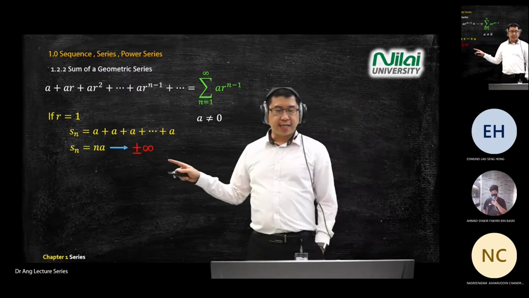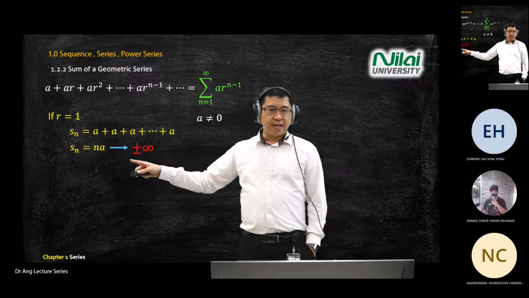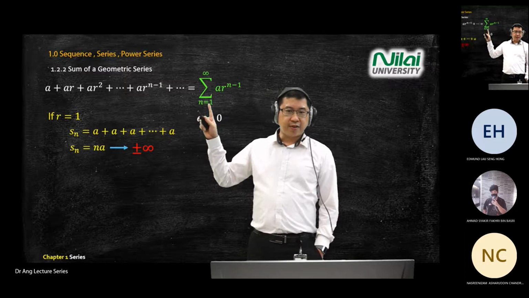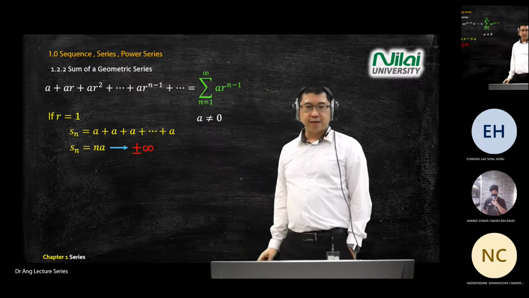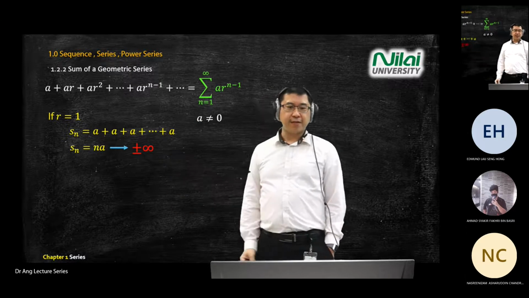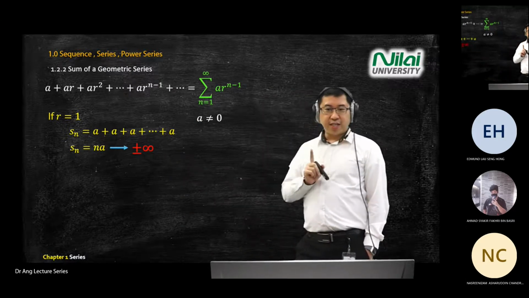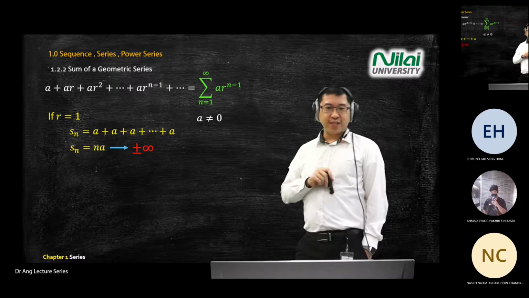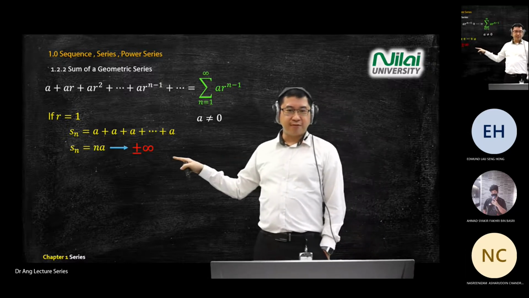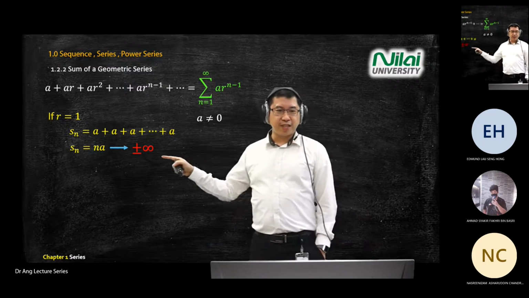So basically, you can say AN, because if you increase to infinity, basically you are getting an infinite number. Now try to think of the definition of convergent and divergent. What happens if you get an infinity series? You add all the numbers, you get infinity.